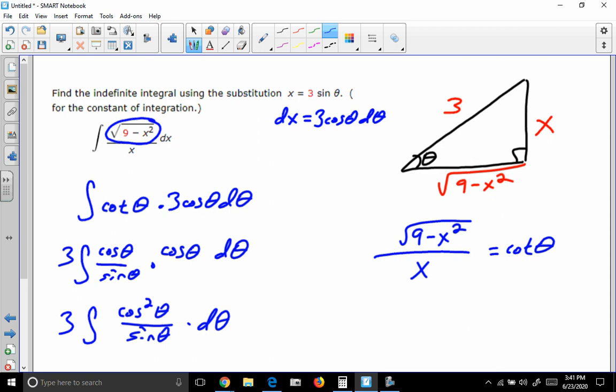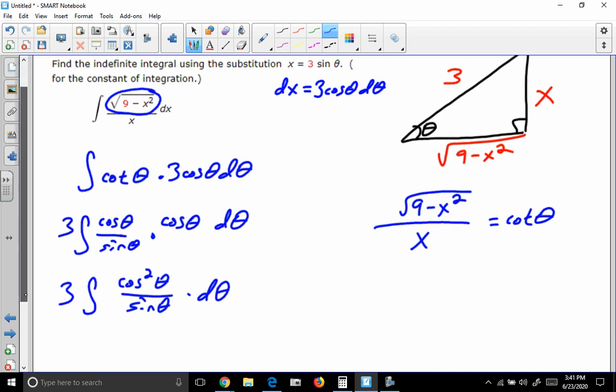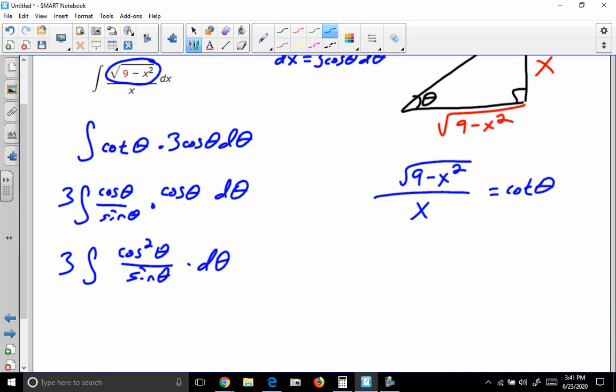If it was cotangent and cosecant, yes, that is an antiderivative we know, but not cotangent and cosine. So here's what we have so far. Now the question is, how are we going to simplify that? Several ways we might go about that. We could try to find something that's going to be u and make the rest of it du.